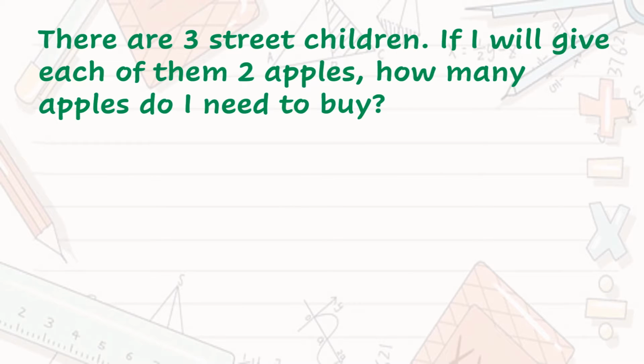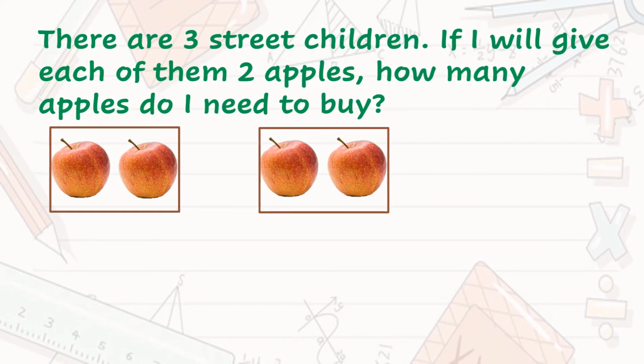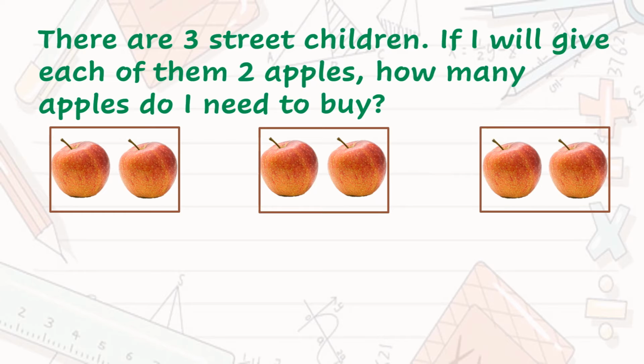Suppose I have this problem. There are 3 street children. If I will give each of them 2 apples, how many apples do I need to buy? It's like saying I have 3 sets of apples and each set has 2 apples.